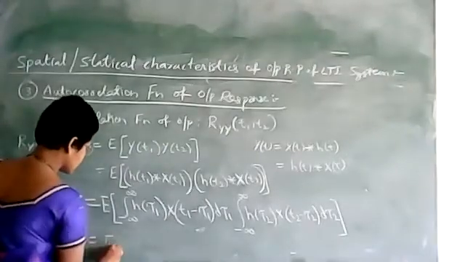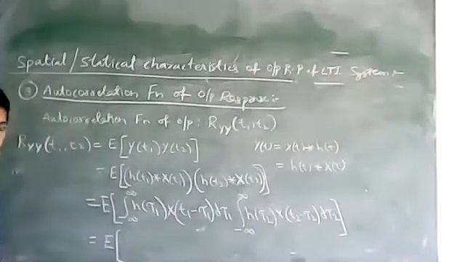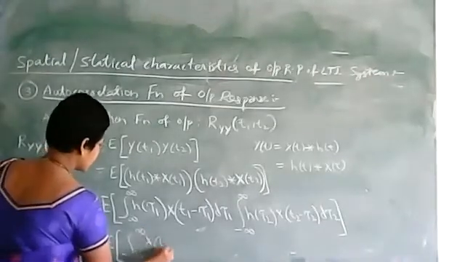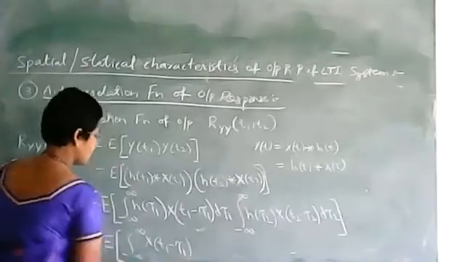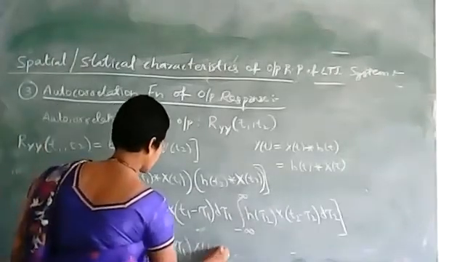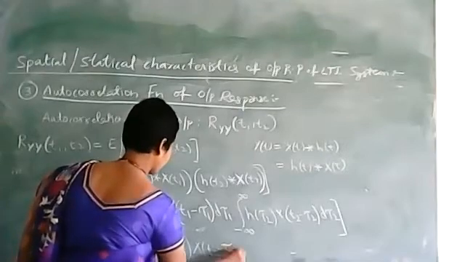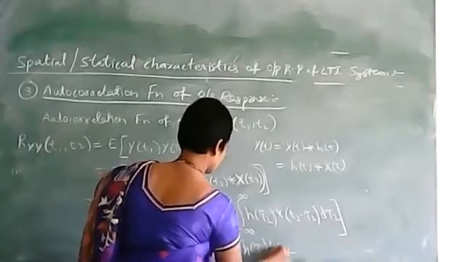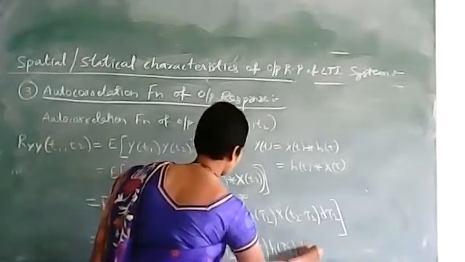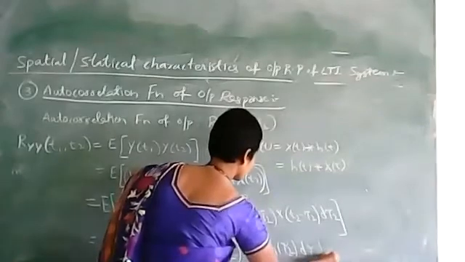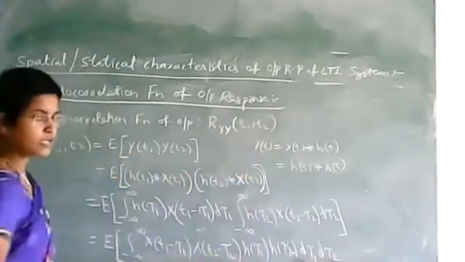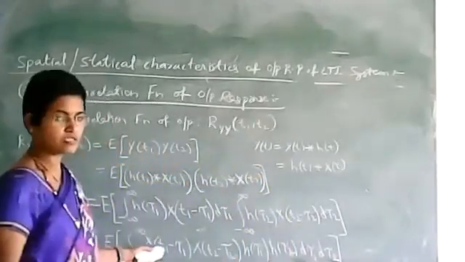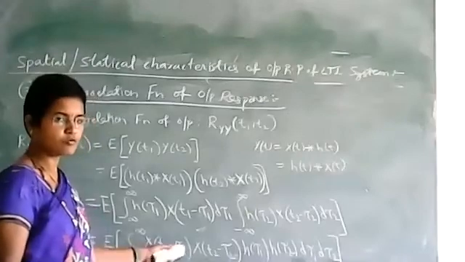Now we rearrange these integrals. It can be written as the integral from minus infinity to plus infinity of x of t1 minus tau 1 x of t2 minus tau 2 h of tau 1 h of tau 2 d tau 1 d tau 2. We know that expectation is applied only to the random process. What is the random process here? X. So we apply the expectation only to the x terms.